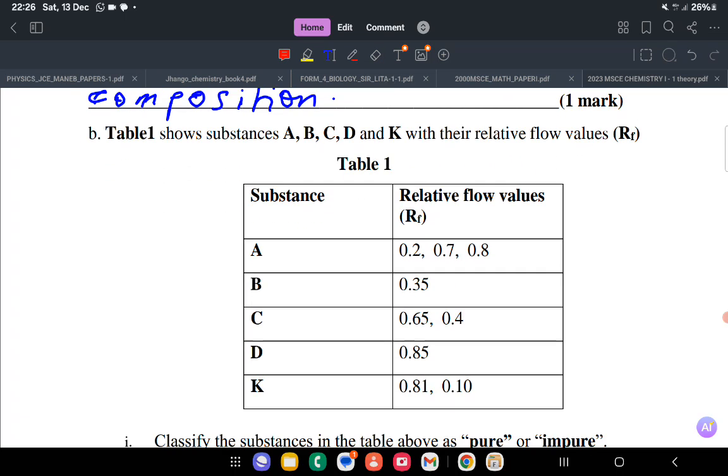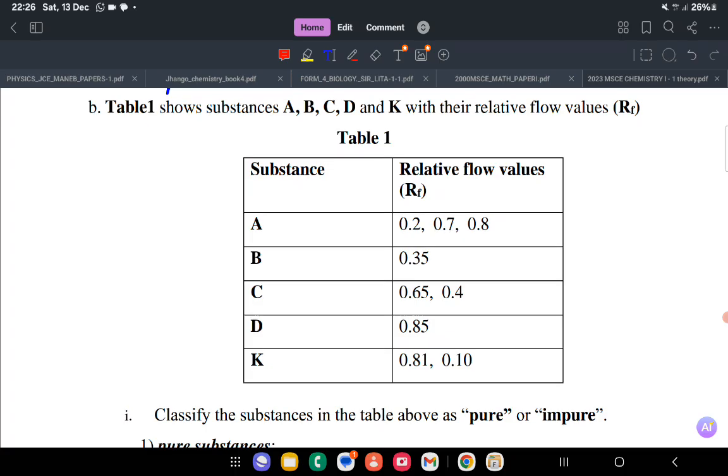Substance A has 3 values. Therefore, this is not pure. A pure substance has only one relative flow value. So A is not pure. B is pure.